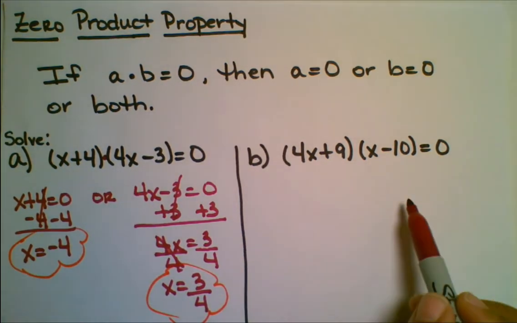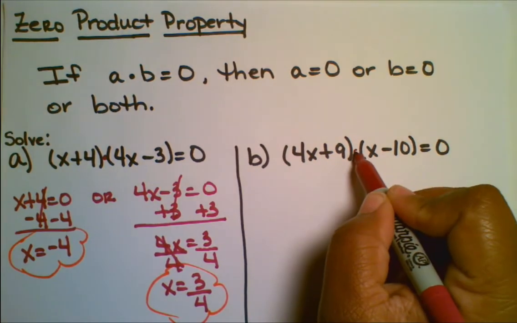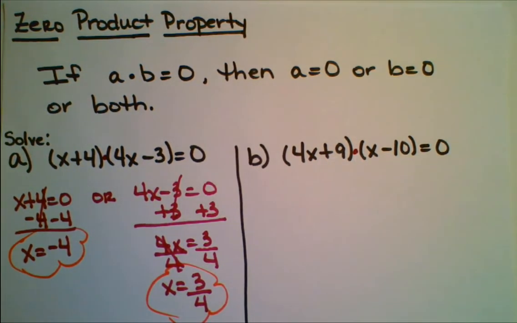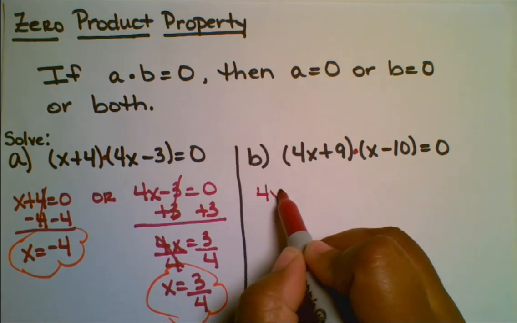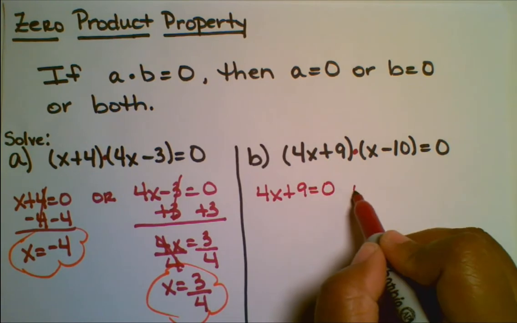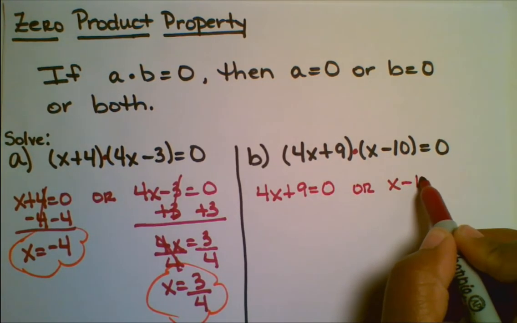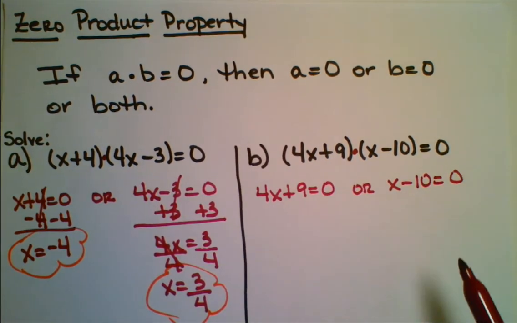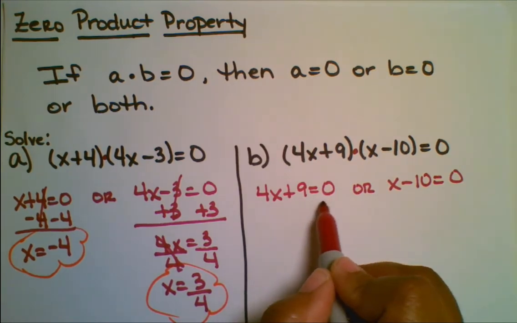Now, for the next example, we're going to solve this equation by using the zero product property, where we're going to set each factor, 4x plus 9 and x minus 10, equal to 0, and then we're going to solve each equation. So first equation, 4x plus 9 equals 0.